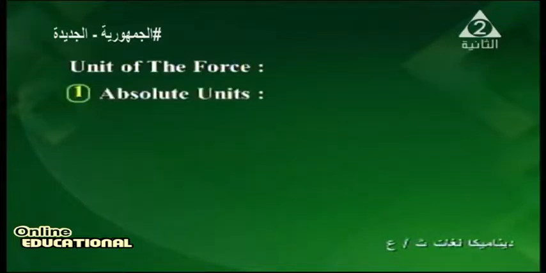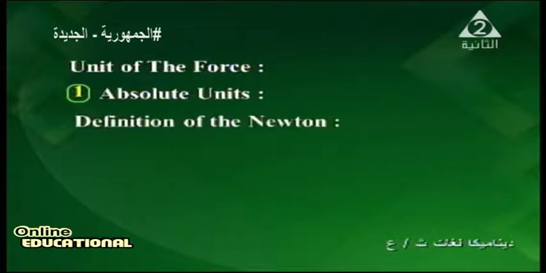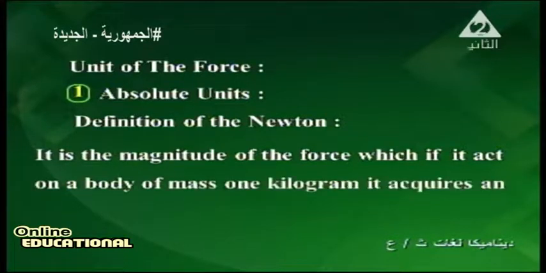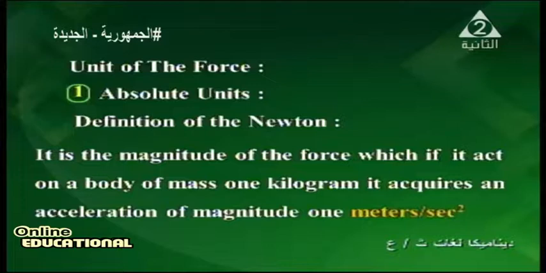Now, what are the units of the force? Number one, absolute units. Definition of the Newton: it is the magnitude of the force which, if it acts on a body of mass 1 kilogram, makes it acquire an acceleration of magnitude 1 meter per second squared.